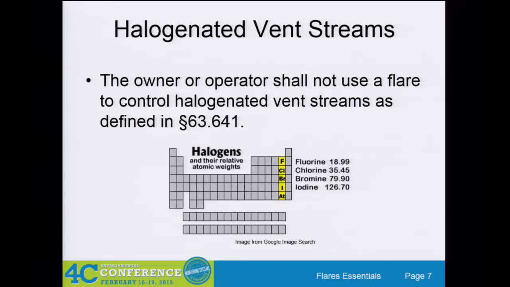So they just kind of put this requirement in there, but didn't tell us anything about the why. Biggest concern for refineries is fluorine. You have an HF alky unit. You have HF now, you have a halogen that could potentially get sent to your flare. Suddenly you could have some issues.